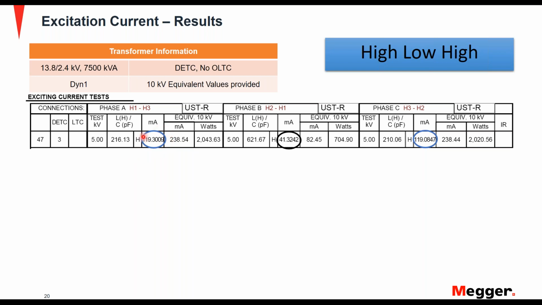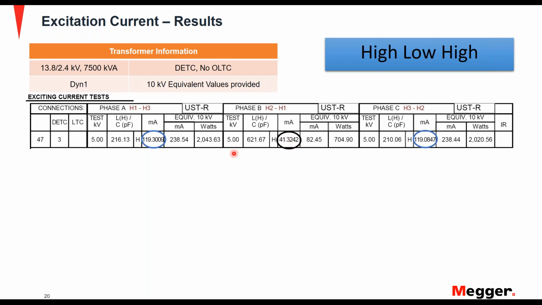You had 119.3 milliamps for the A phase, 41.32 milliamps for the B phase, and 119.08 milliamps for the C phase. So you can establish here that the outer phases, the A phase and the C phase, have a higher magnitude of excitation current, whereas the middle phase has a relatively lower magnitude.